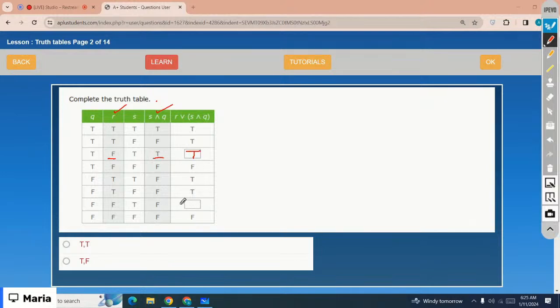Here you have true. Now look at this one. False, false. The answer is false because both the values are false, right? So the correct option is the second one, true and false.